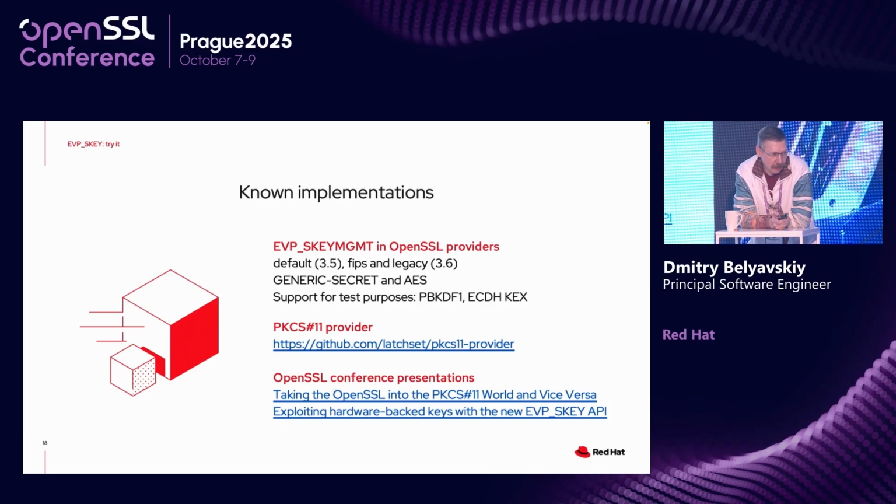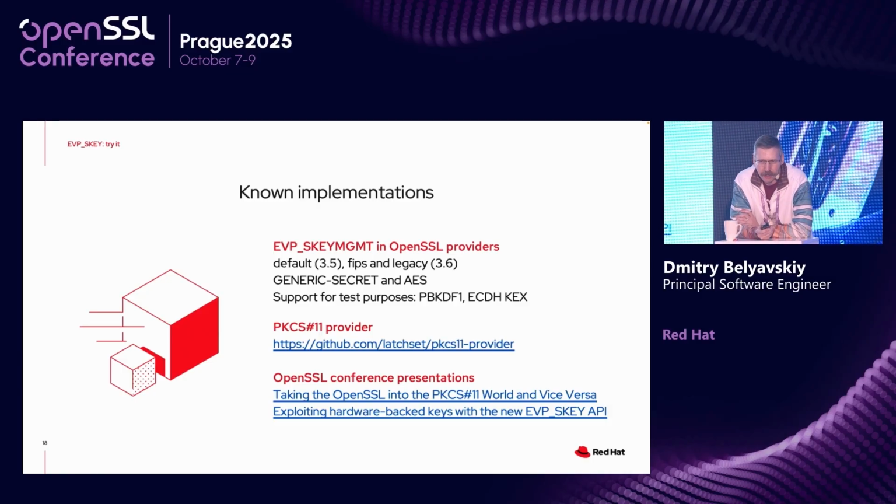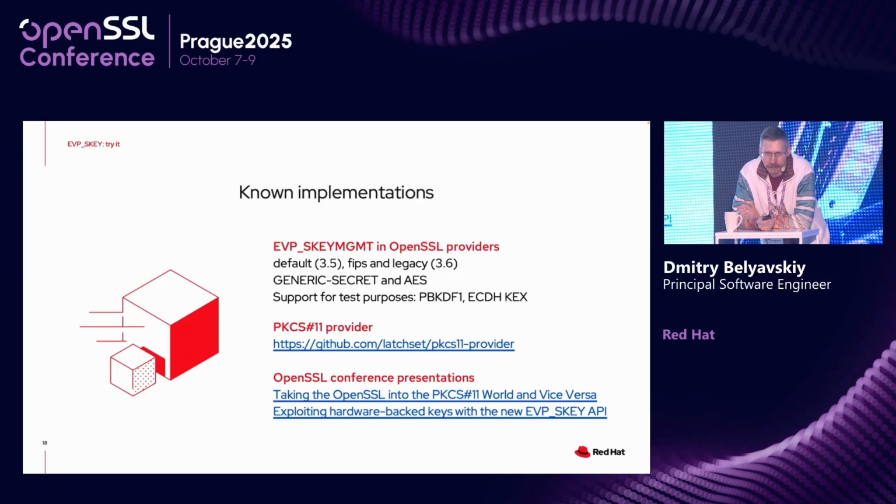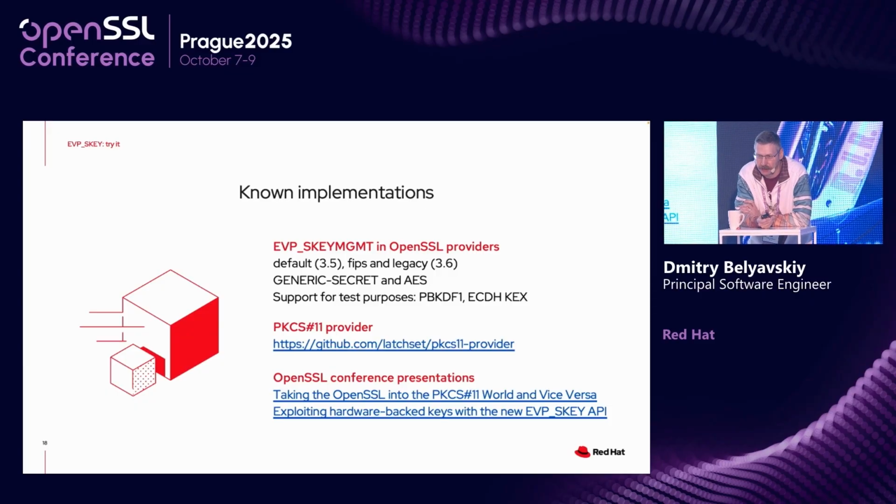Known implementations. Of course, we started from OpenSSL. We landed the generic secret and AES secret in the default provider in 3.5 and added them to the legacy provider and FIPS provider in 3.6. For test purposes, I added some dummy implementations for PBKDF1, a KDF which is part of the legacy provider, and ECDH key exchange, so you can test that they're doable with the default provider.